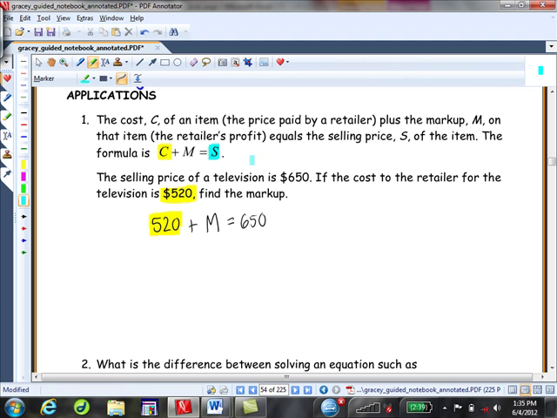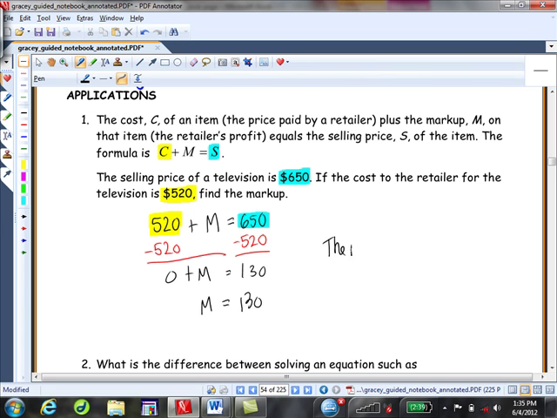So this was S. So to solve this, we would subtract 520 from both sides of the equation. This would yield a result of 0 plus M is equal to $130. 0 plus M is M. And then let's put our answer in words. The markup is $130.